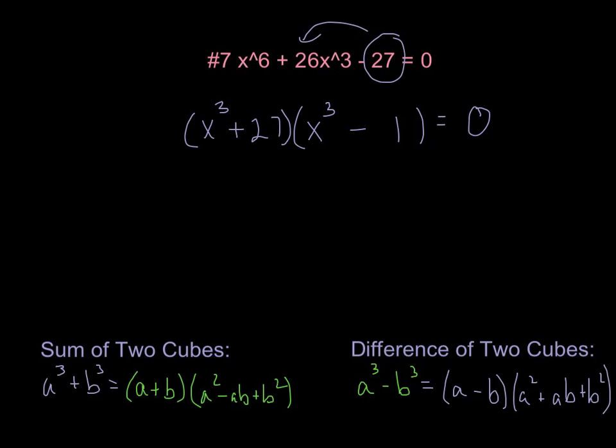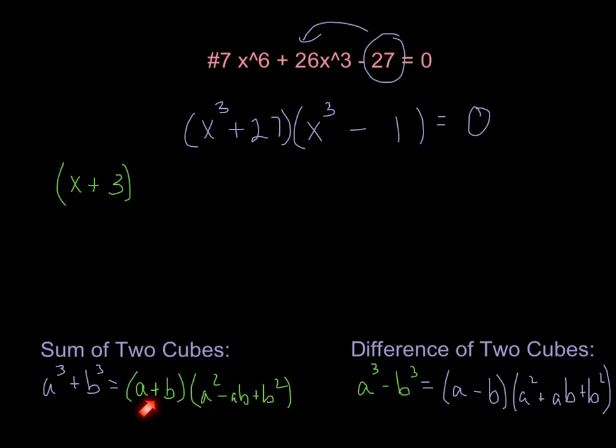Alright, let's see if we can put these formulas down here into action up here. Well, this first guy is a sum of cubes. See the plus sign? So here we go. Let's break him down. The cube root of x cubed is x. The cube root of 27 is 3. Put a plus sign.